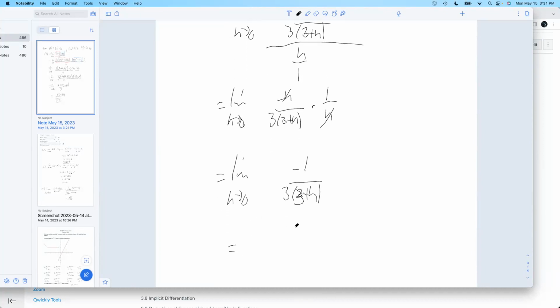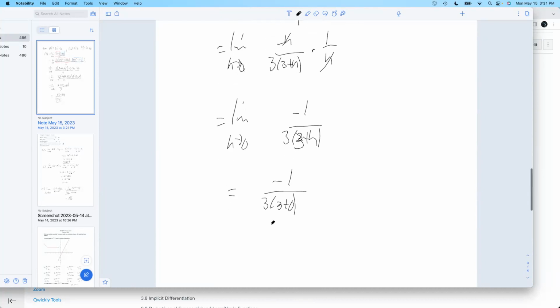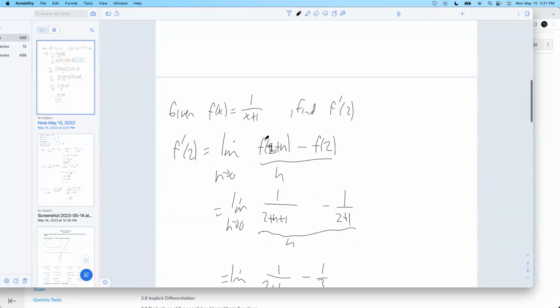I'm not going to write limit now. Now I'm actually taking the limit. So 3 times 3 plus 0. 3 plus 0 is 3, times 3 is 9. I get negative 1 over 9. And I have found the derivative of this function at the value x equals 2. Okay, that's a good place to stop there.